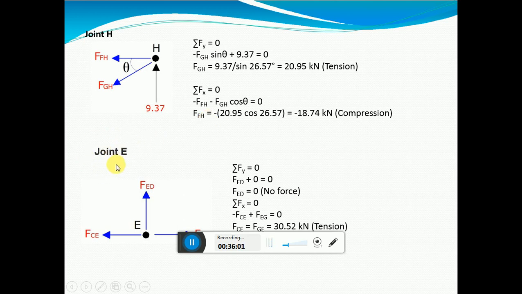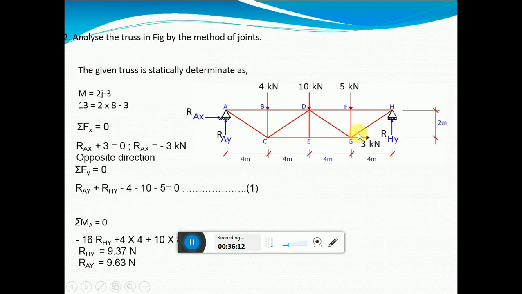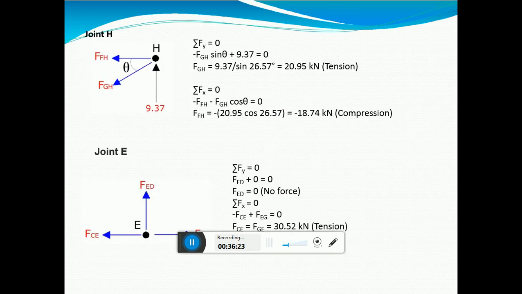Last joint is E. In joint E, there are three forces, FED, FCE, FGE. All the arrows are pointing outside, acting in tension.